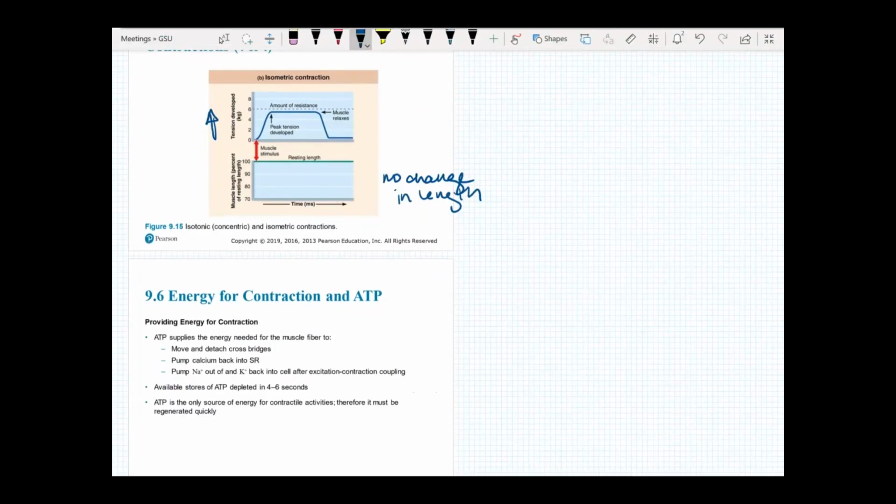Okay, so this next section, 9.6, is all going to be about energy and how we actually get energy out of our skeletal muscle. How do we produce the energy needed for our skeletal muscle contraction? So 9.6, we're going to talk about 3 premises of processes and reactions that happen in our body.